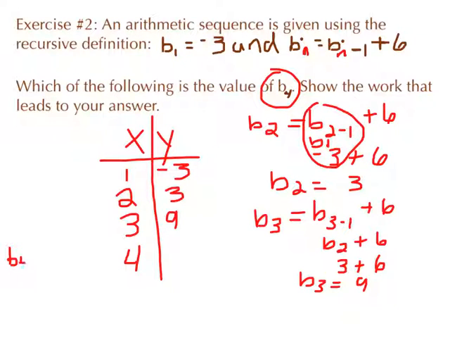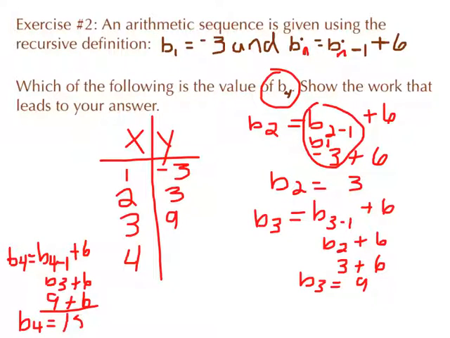B sub 4 equals B sub 4 minus 1 plus 6. B sub 4 is B sub 3. B sub 3 is 9 plus 6. B sub 4 equals 15. The fourth term is 15, so that would be choice 4.